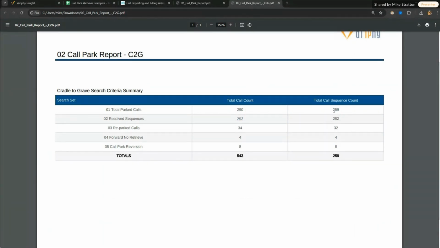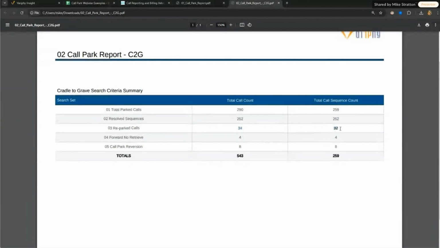So 259 minus 252 tells you that there were 7 calls in your search that were abandoned by the person while they were parked. We don't get those 7 records, but you see their absence in the difference between the 2 call counts.